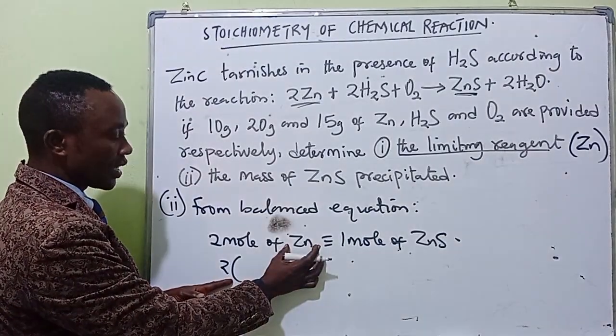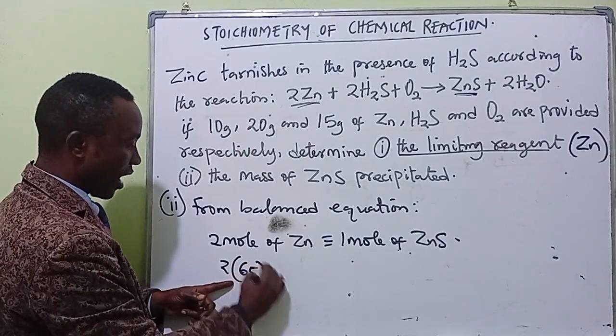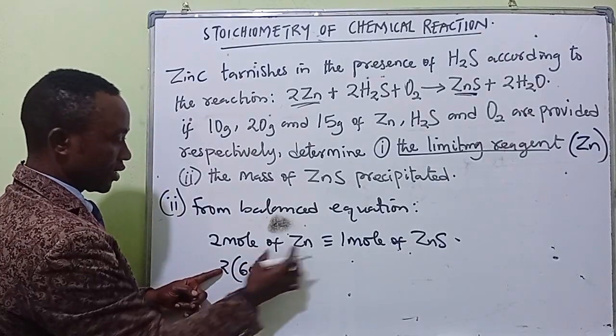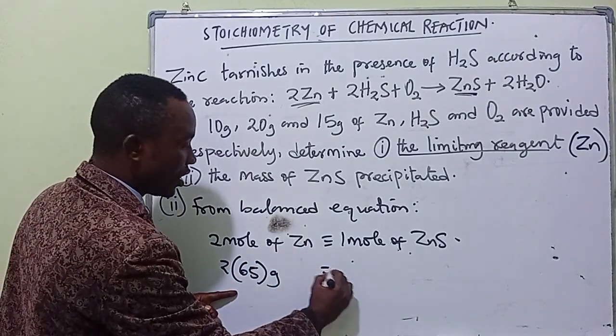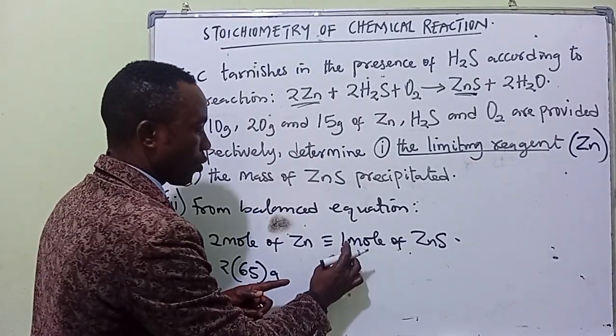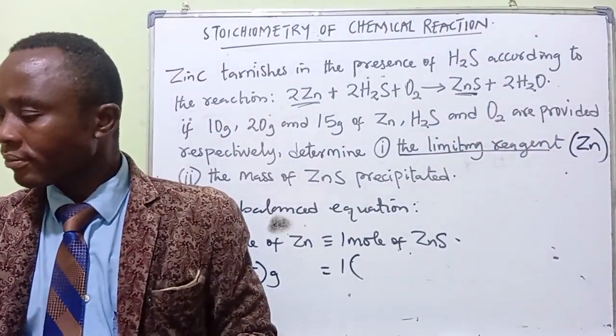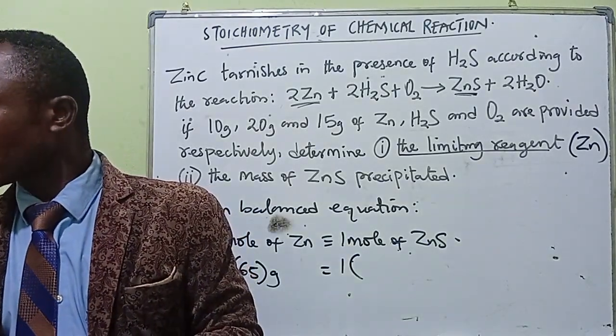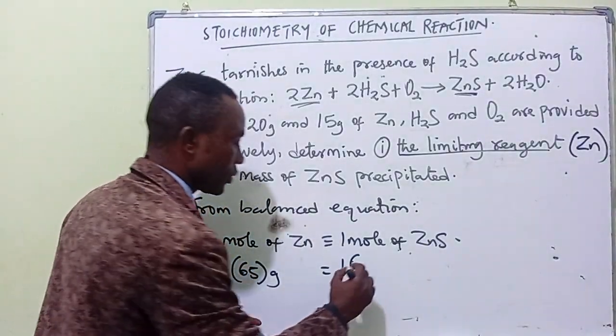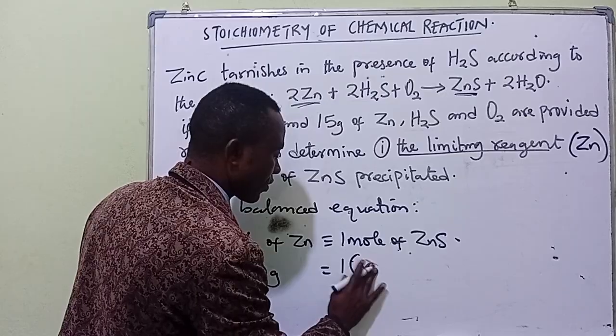Remember, the molar mass of zinc is 65. So 2 times 65 grams of zinc will give you 1 multiplied by the molar mass of zinc sulfide. Now, the molar mass of zinc sulfide is 97 grams.